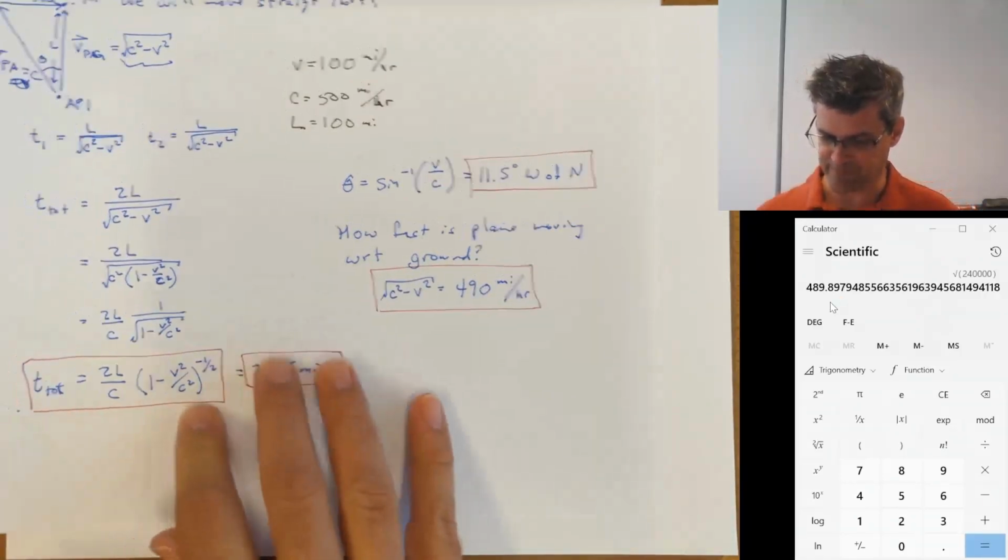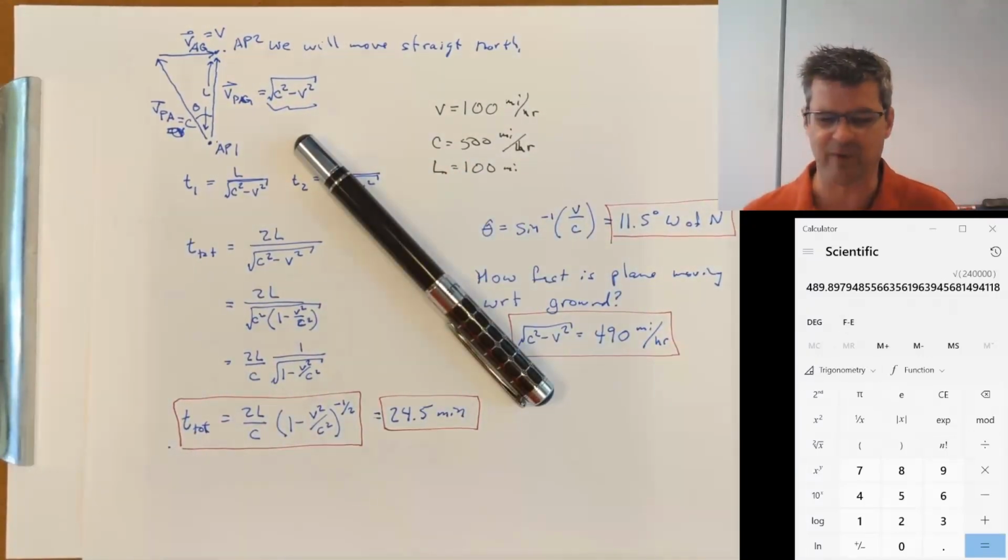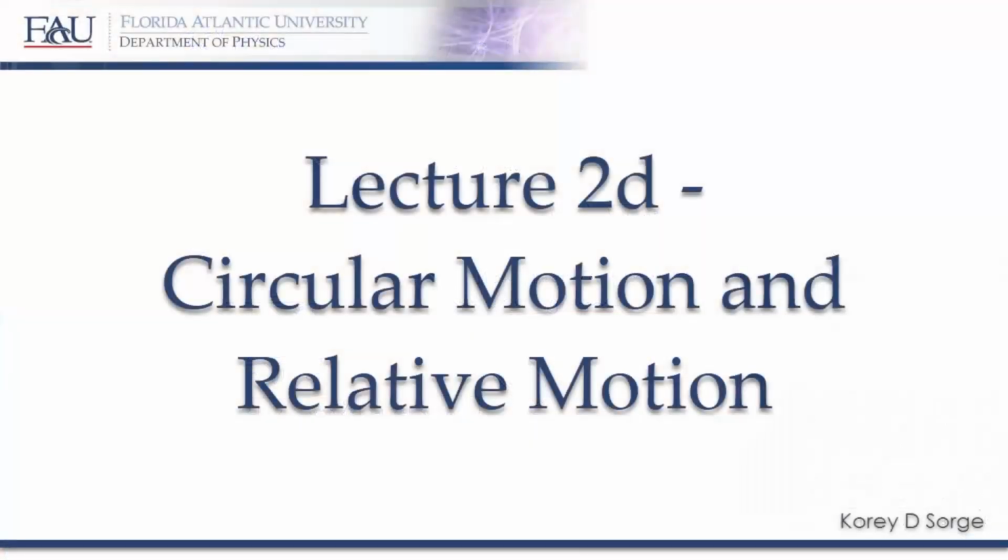That's how that works. So over the course of this hour or so, not quite an hour, fortunately, we've tried to look at a couple of different types of motion.